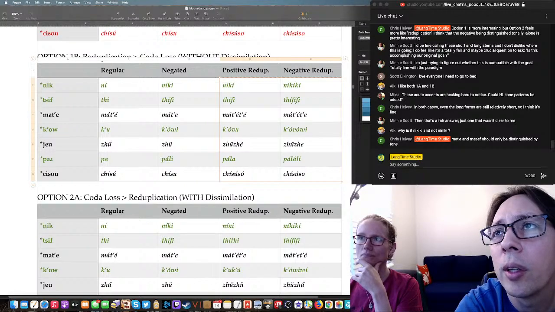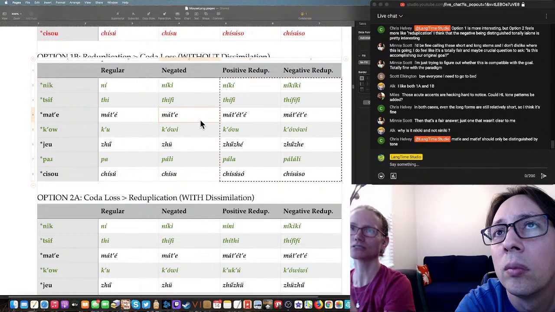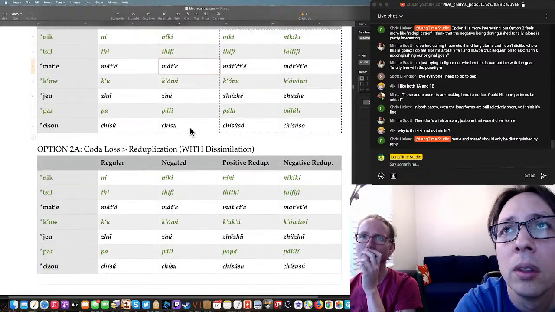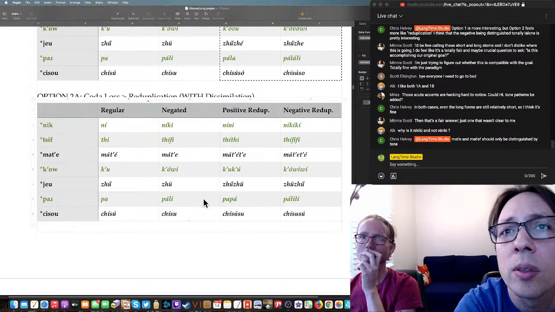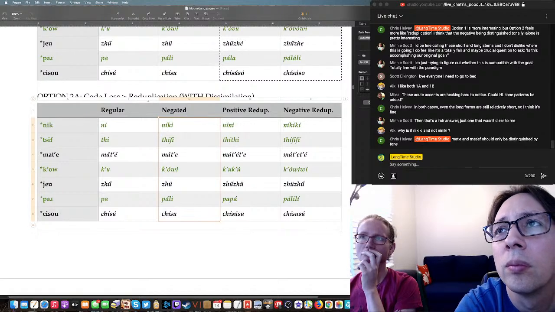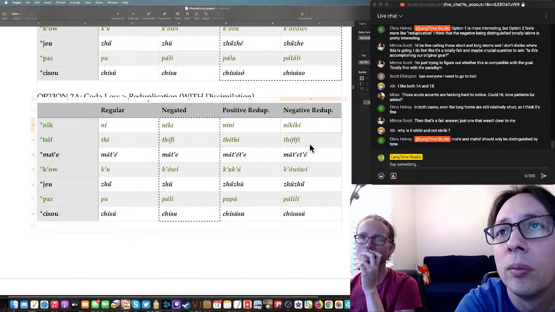Oh, here we go. But it's only doing the top border, I think. No, it's doing all of them. It's just really, really thin. I think you need to click on that option. Oh, okay, there we go. And then this one. Purple.